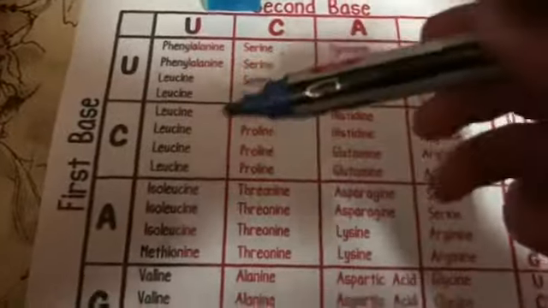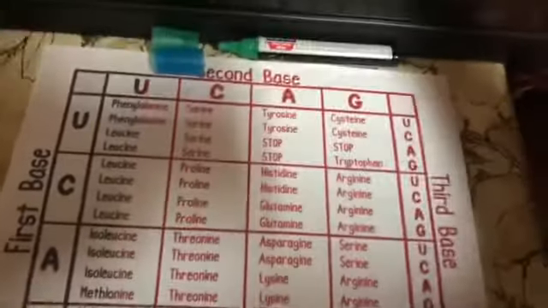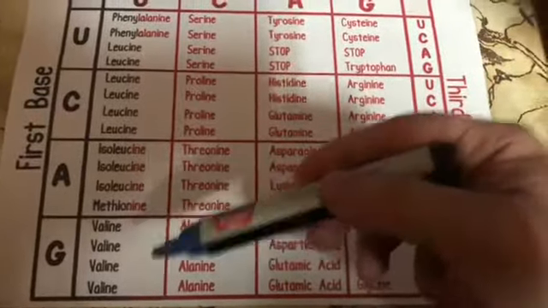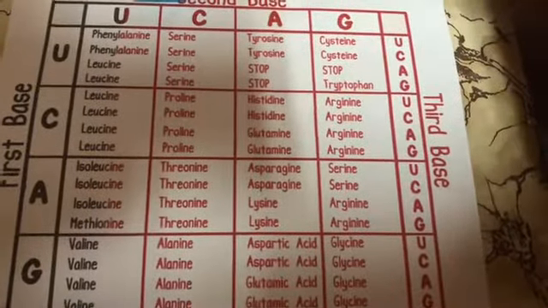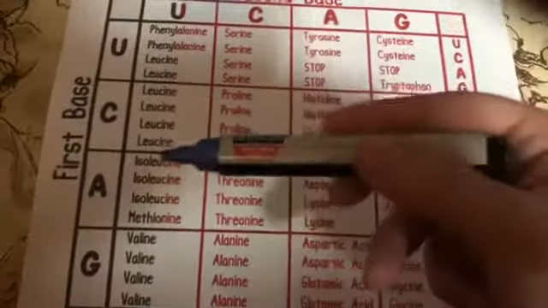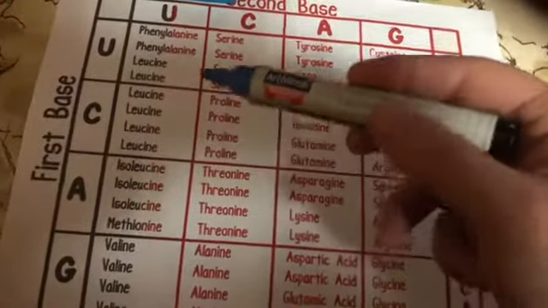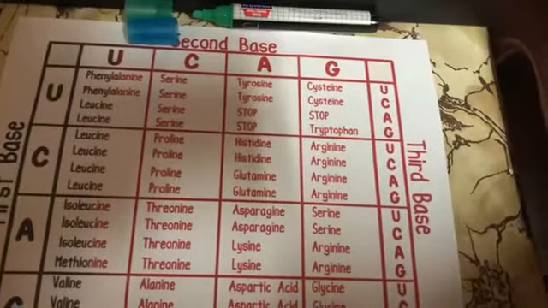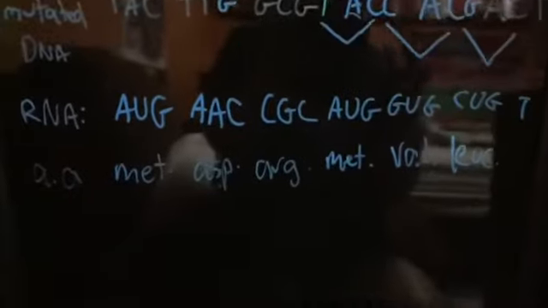So AUG is methionine again. Then we had GUG, which is valine. And then we had CUG, so CUG is leucine. And this is what that sequence looks like.